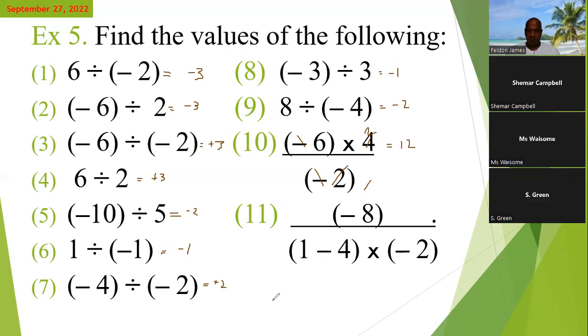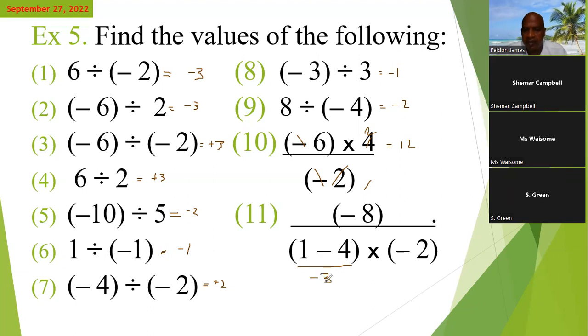I got positive 1. And so this one. All right, so this bracket here, you have to work out this bracket first. So when you work out this bracket by adding 1 with negative 4, what do you get for this bracket? Negative 3, sir.